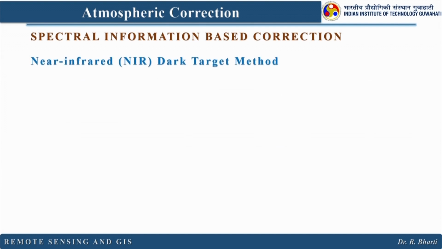Now, next is the near infrared dark target method, where this method is applied when the MIR band is not available. So, you have to remember that different satellites have different configurations and they are capable of measuring different bands in different wavelength regions.